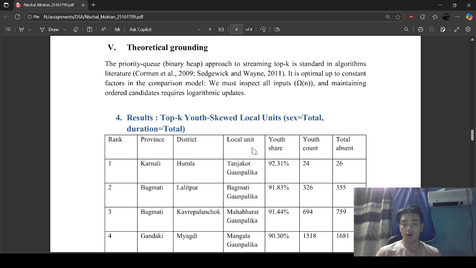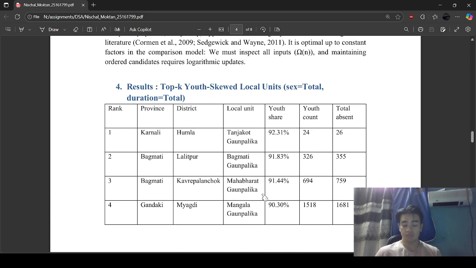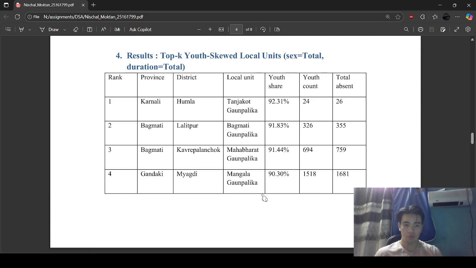It is also good when you want online results as you read the file. But when you need the entire ranking, or when k equals n, then you can use algorithm A2.